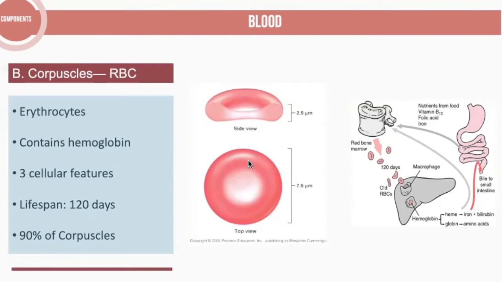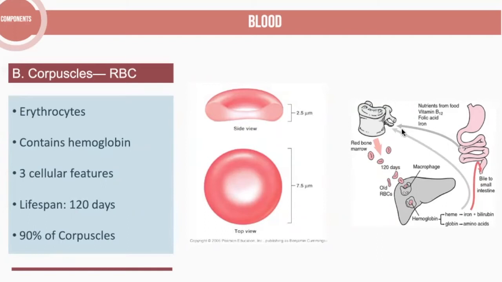And last unique feature is that your RBCs are small and flexible so that they can fit through narrow blood vessels. Your RBC has a relatively short lifespan, approximately 120 days. So after which they age and die. And your RBC is actually the majority of your corpuscles, approximately 90% of cells in the blood.